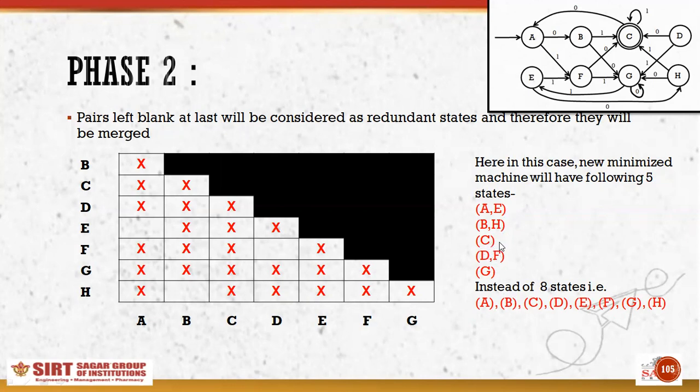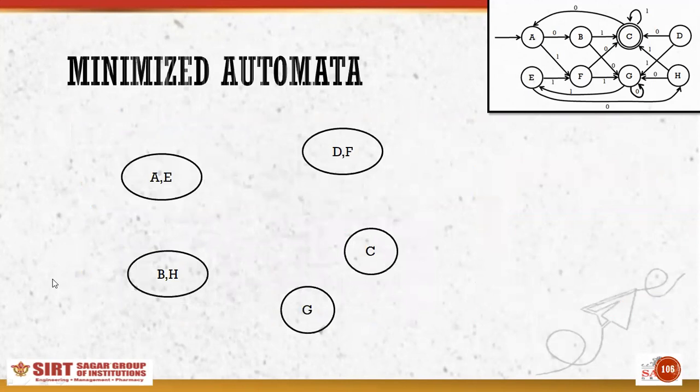Those states which are not clubbed with any other states will be drawn separately, like C and G. So I will make these 5 states which I have got after minimization. And now, by looking at the question machine, I will trace out all the transitions.